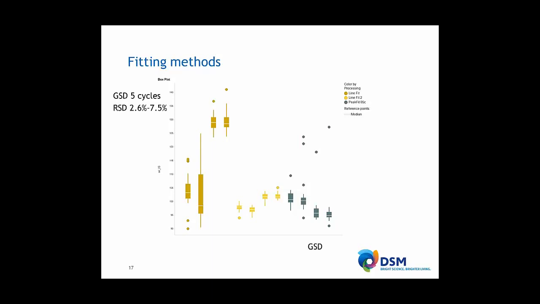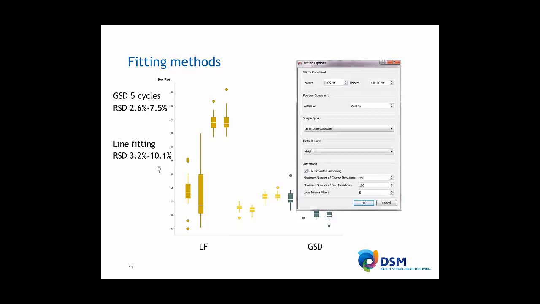And the relative standard deviation was giving results from 2.6% to 7.5%, which was too high for our estimation. So we did a first line fitting with 150 coarse iterations and then 100 fine iterations. And then we got these results.